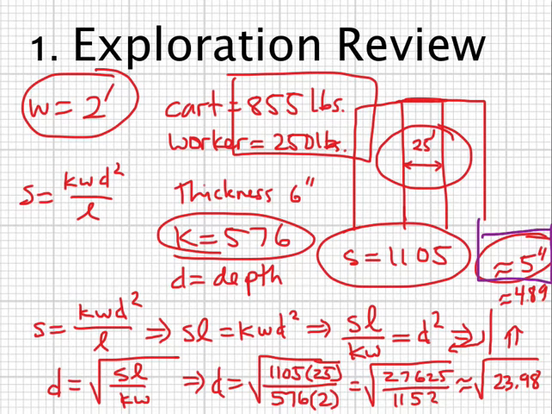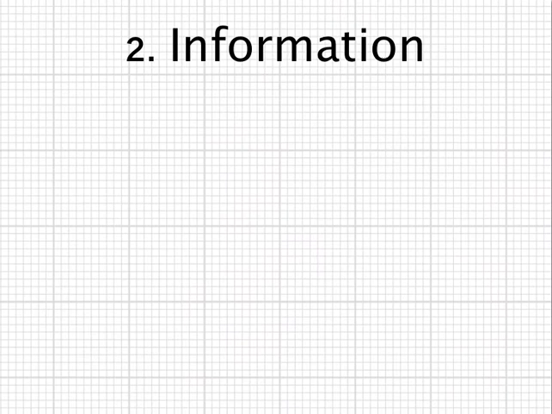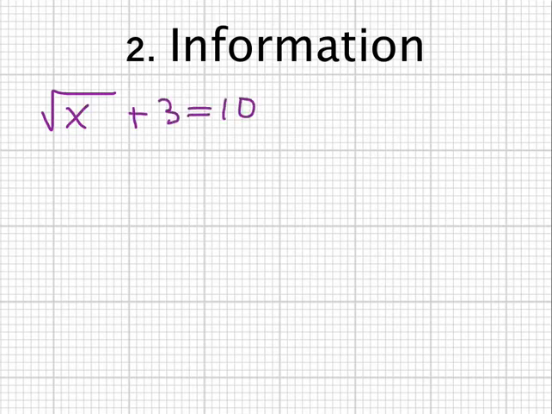Okay, so moving on to the next part, let's just talk about a few bits of information. When we're solving radical equations, we have to consider two different types of situations. If I have the square root of x plus 3 equals 10, this is a radical equation.